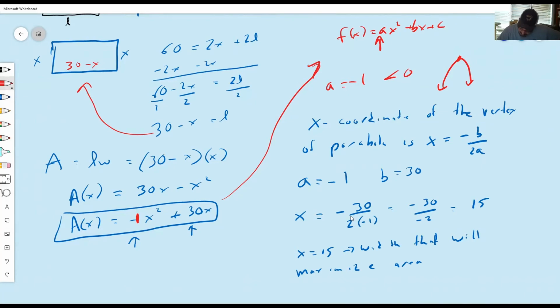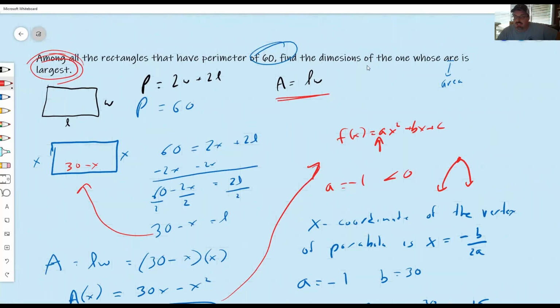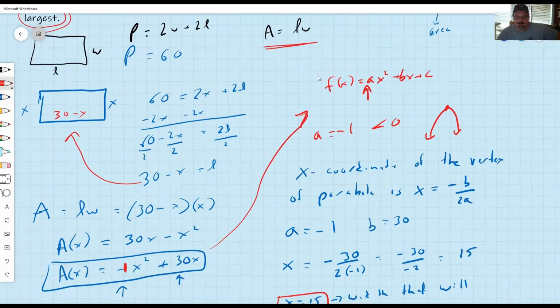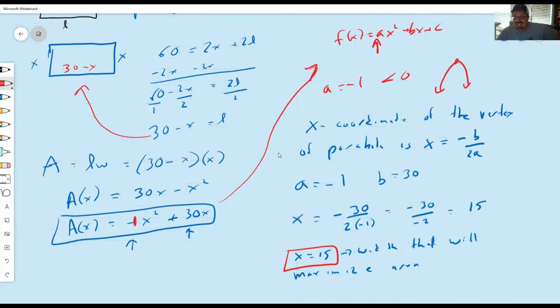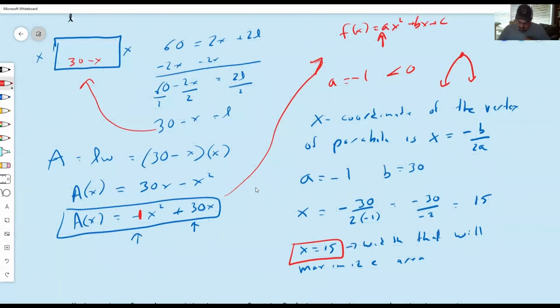And like all word problems, you want to check yourself real quick. Come back up here to the original problem. Find the dimensions, right? I spelled dimensions wrong too. Find the dimensions, which means I want length and I want width. Well, length is right there.